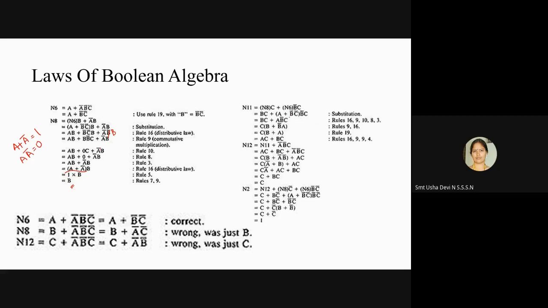Now if you substitute these two values in N11, what are the values of N11? N8C, that means N8 is B, right? So BC plus A plus B bar C bar, A plus B bar C bar into B bar C. This BC, ABC plus B bar C bar, B bar C bar, B bar C. Again this CC bar, BC plus A B bar C plus.